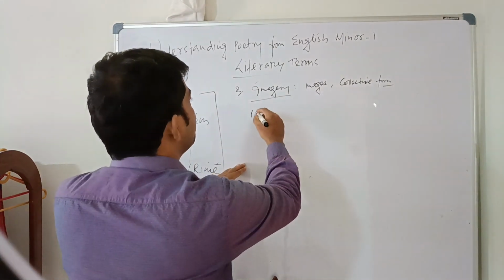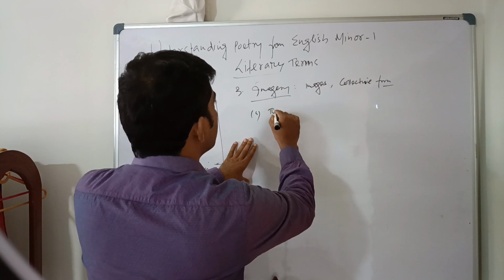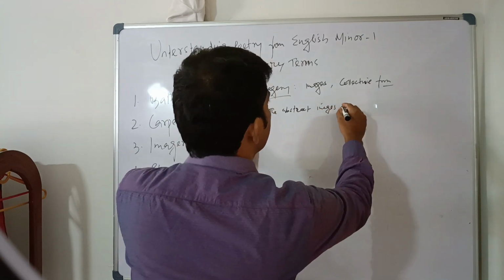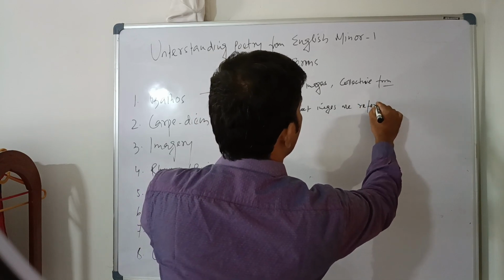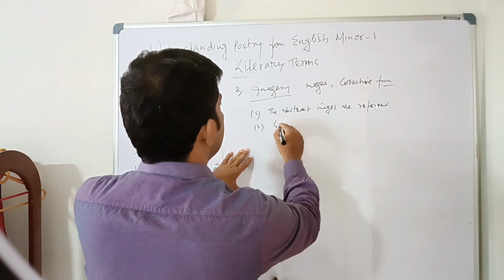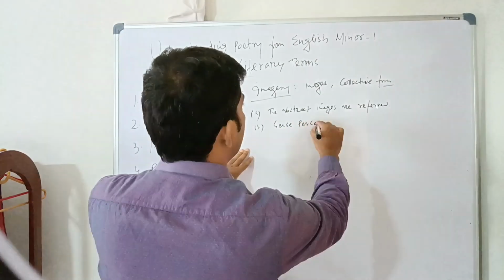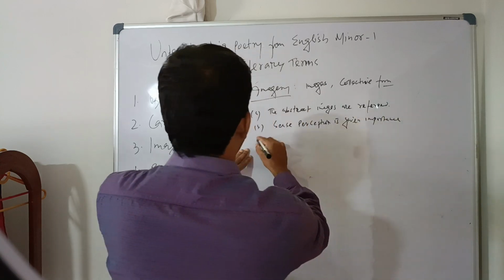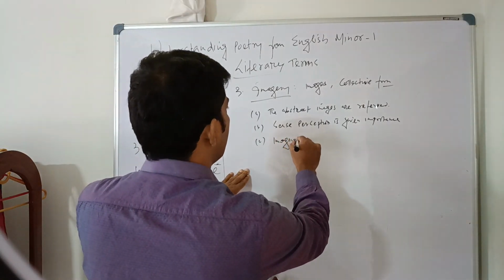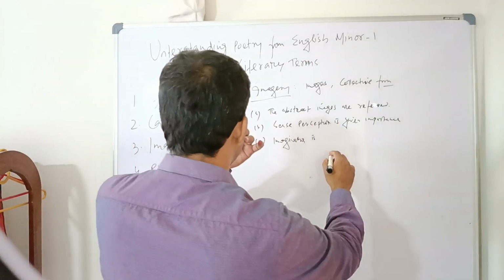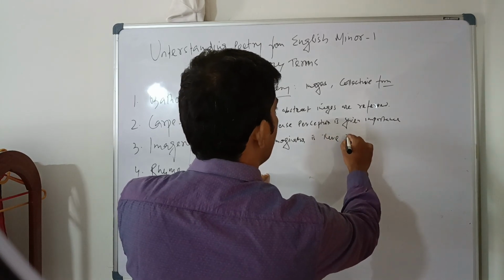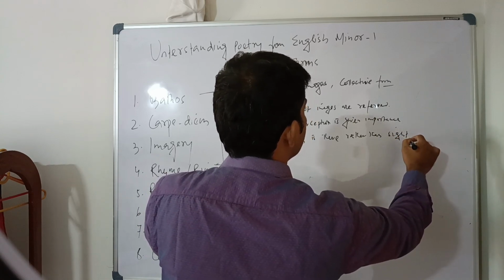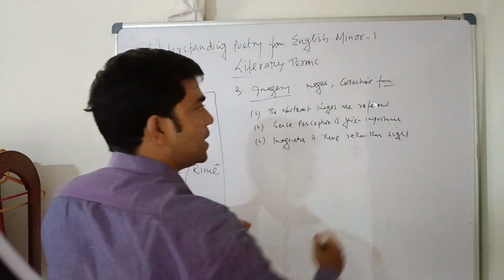So the main features of imagery are that abstract images are referred to, sense perception is given importance, and imagination is there rather than sight, or what is seen.